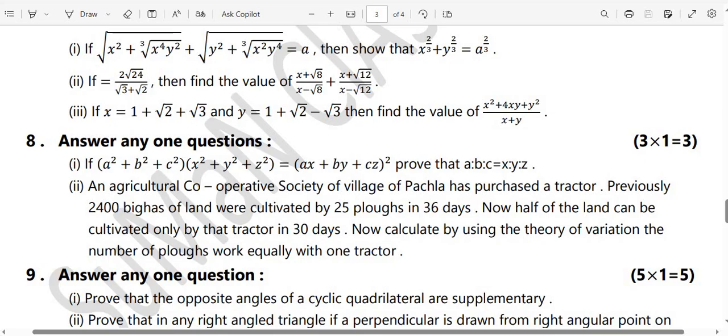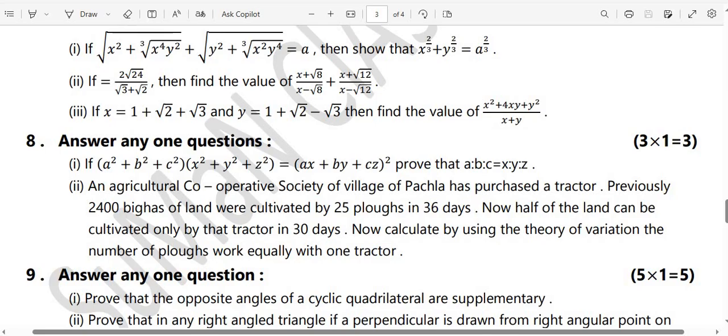Previously, 2,400 acres of land were cultivated by 25 workers in 36 days. Now half of the land can be cultivated only by that tractor in 30 days.